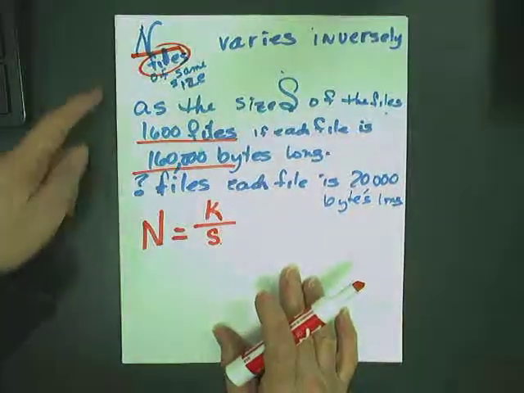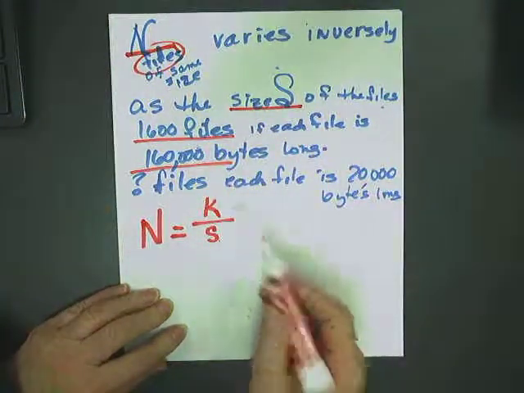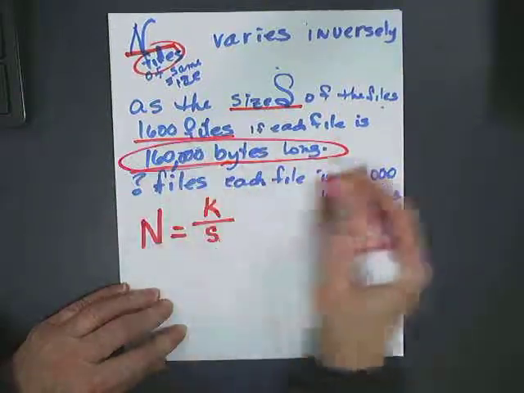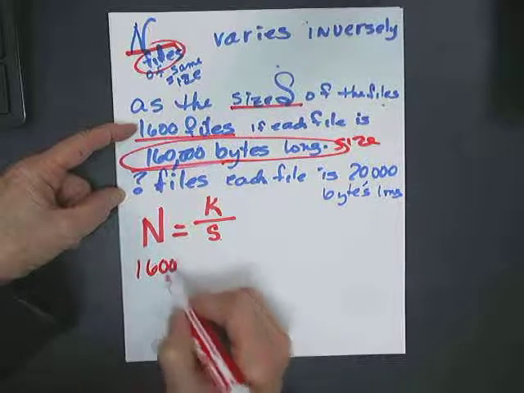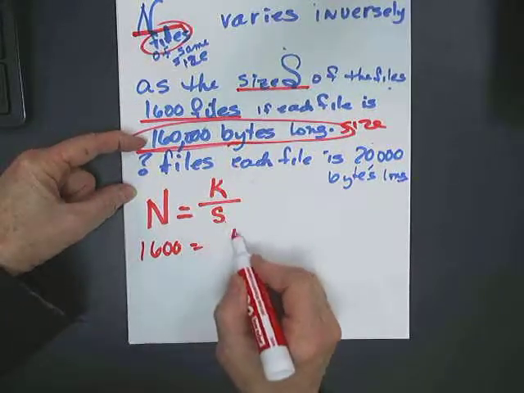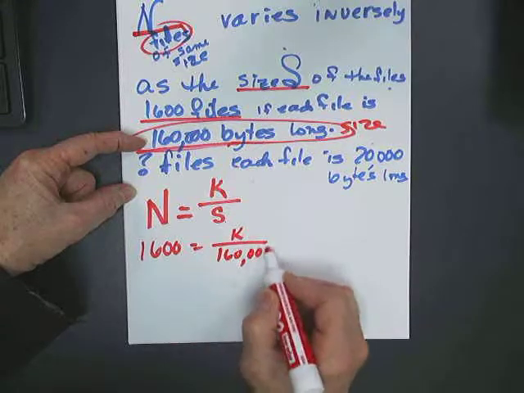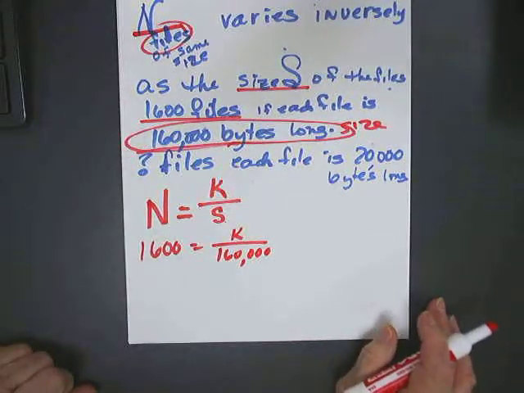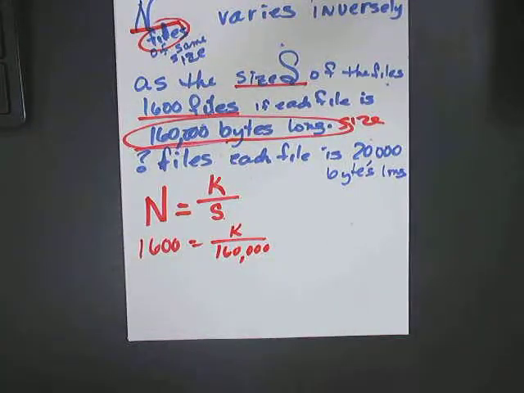Okay, so it says if somebody's hard disk will hold 1,600 files, it will hold 1,600 files if each file is 160,000 bytes long.